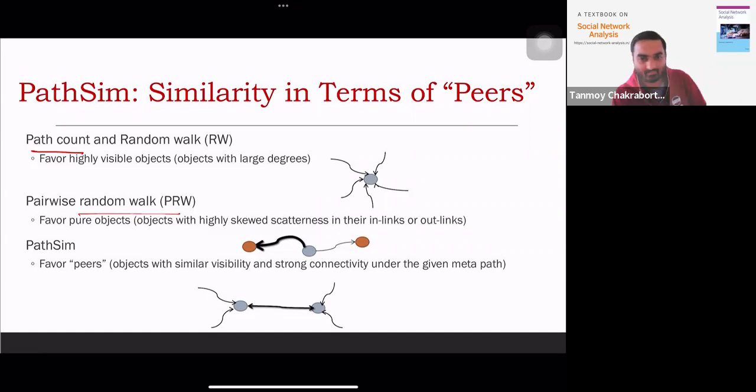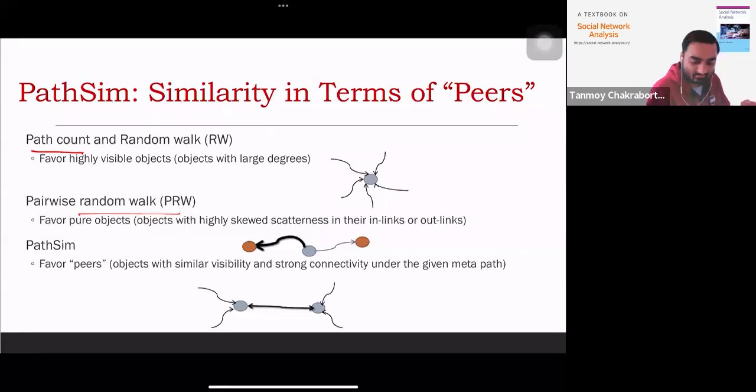Meaning, since we are talking about a pair of nodes, it would favor those cases where one node has very high in degree and the other node has very high out degree. It prefers those cases.